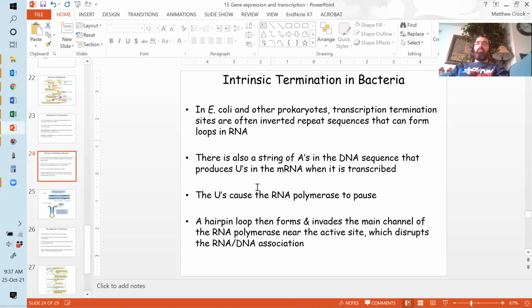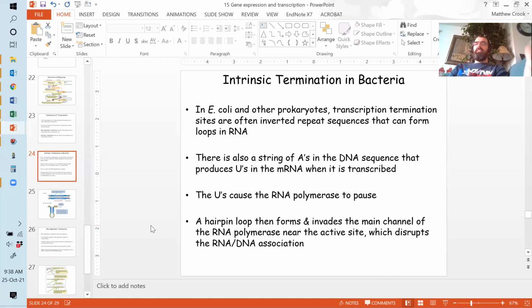So first you've got to slow down the RNA polymerase so it doesn't just zip past before this terminator loop can form. And then the RNA polymerase itself has made the bit of DNA that's going to pop into a hairpin loop, which will stop it from doing more transcription.